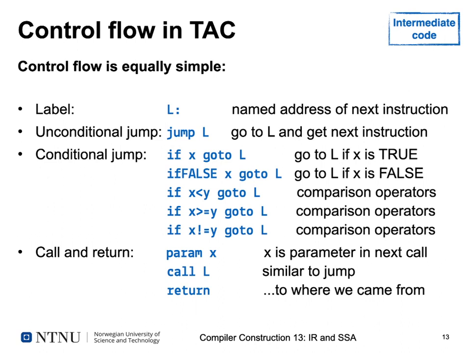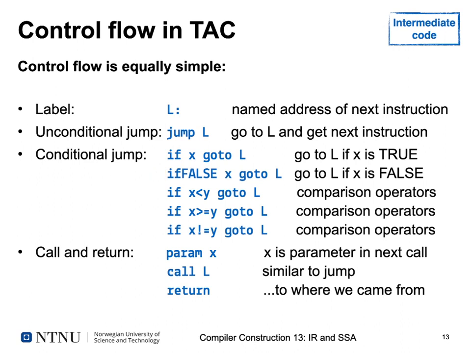You can also have conditional jumps, so you can check a condition X, and if this condition is true, then you just jump to location L. You can switch it around, so if a certain condition is actually false, this is if false, you can go to L. And we can have several comparison operators, like if X is less than Y, if X is greater or equal than Y, and if X is not equal to Y. We can also conditionally jump, and always when we have a conditional jump, only when this condition here is fulfilled, then we take the jump.